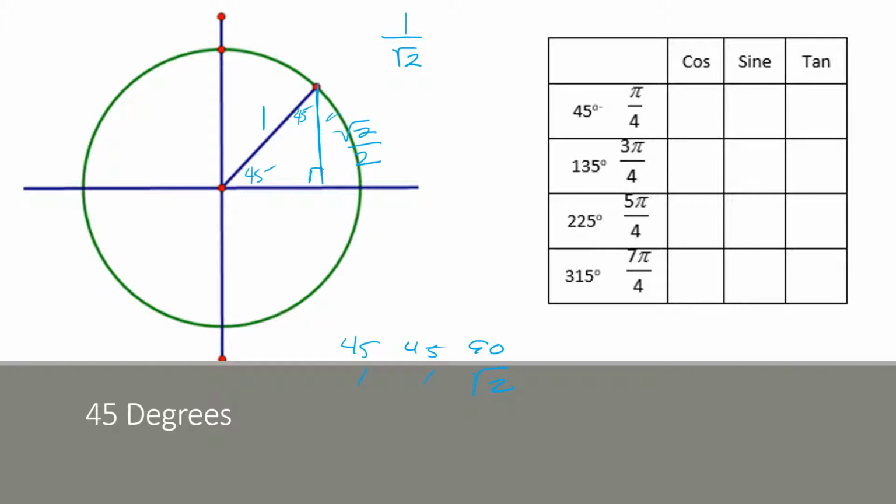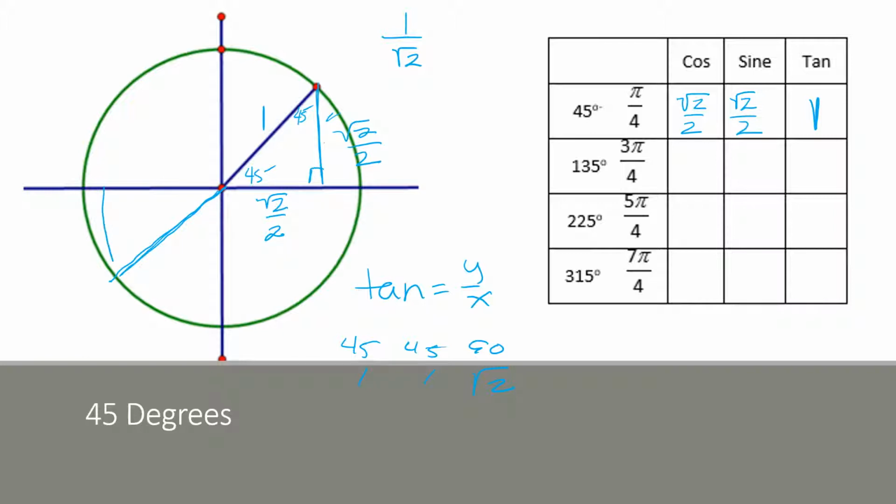So both of my legs are √2/2. In this case, both sine and cosine in the first quadrant at 45 degrees are root 2 over 2. Now the tangent, again, is basically your y over x, because it's opposite over adjacent. So tangent is y over x, or in this case, 1.